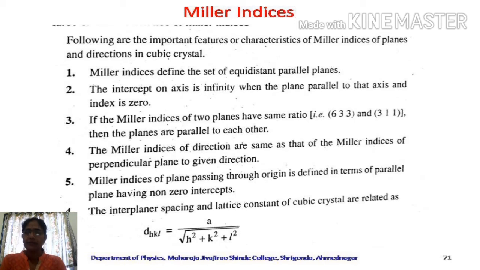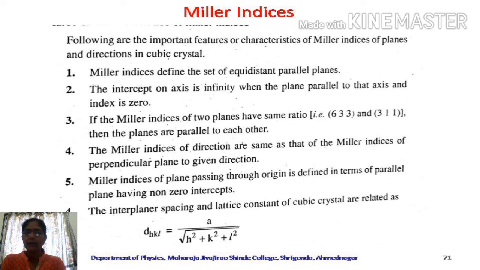Then next, if there are two planes with Miller indices 633 and 311 and their ratio is the same, it means that they belong to a parallel set of planes. These are parallel to each other. The fourth property is that the Miller indices of a direction are the same as the Miller indices of the plane perpendicular to that direction.